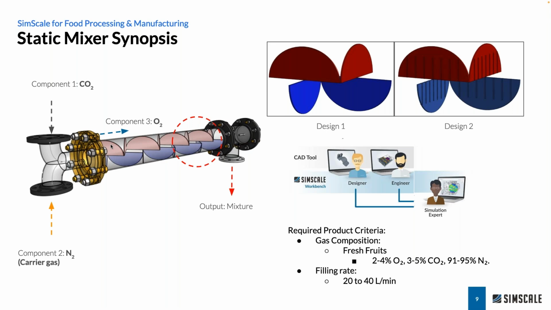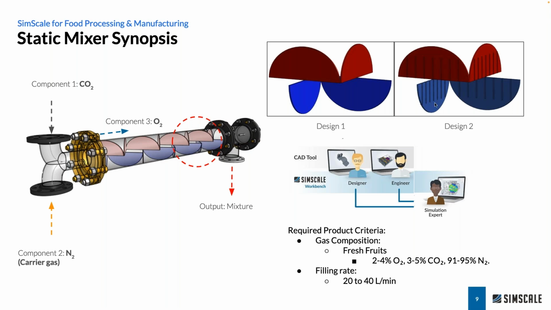For example, we are trying to fit this static mixer in a process line where the preservative mixing is required for fresh fruits. So you can see the ranges of the components that are required for this product and also the required filling rate here, right? Now imagine this project comes to a designer, and the designer wants to make a small change to the plates available in the static mixer.